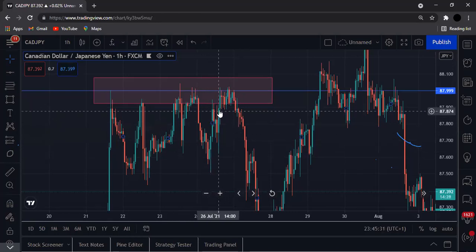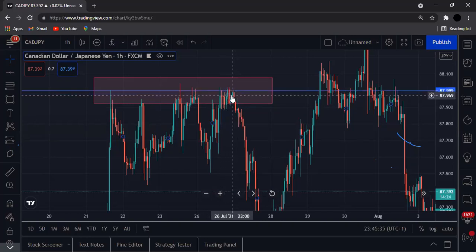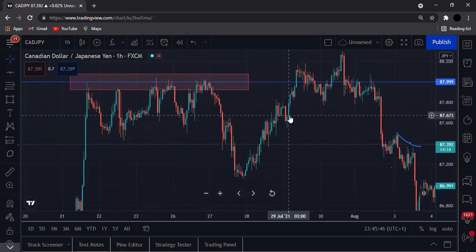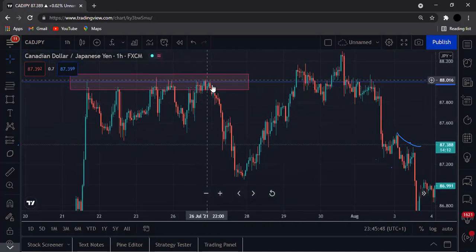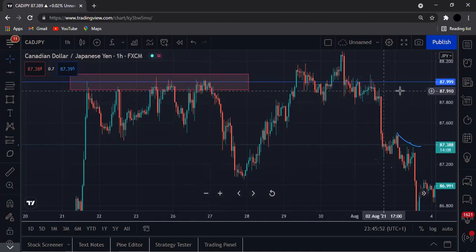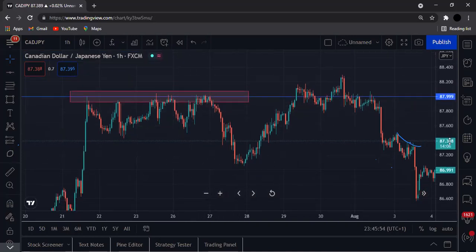Then when it reverses back again, it tested this region again. You can see it formed a series of candles around here before falling. So in fact, from this point, since it has been testing this point for long, I would have taken my TP way below. Let me see.